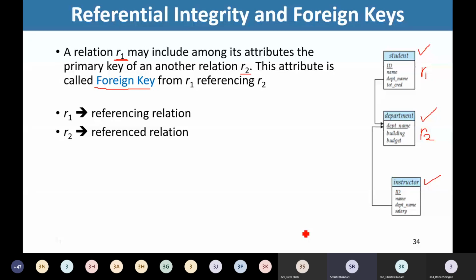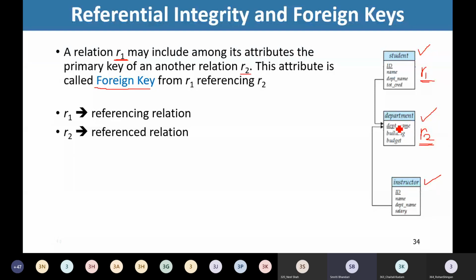So in this scenario, relation R1 is known as the referencing relation and relation R2 is known as the referenced relation. Meaning, in this particular example, my student relation is the referencing relation, and which relation is referenced?